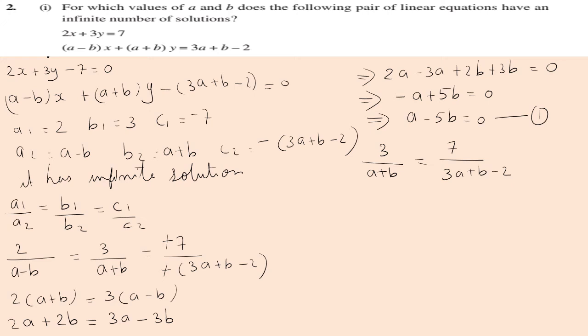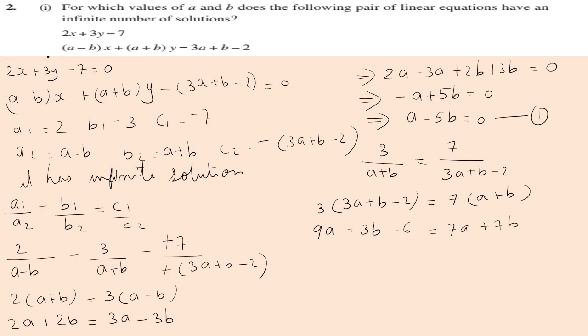You will have 3 multiplied by (3a plus b minus 2) equal to 7 multiplied by (a plus b). Now multiply each term in the bracket. You are getting 9a plus 3b minus 6 equal to 7a plus 7b.